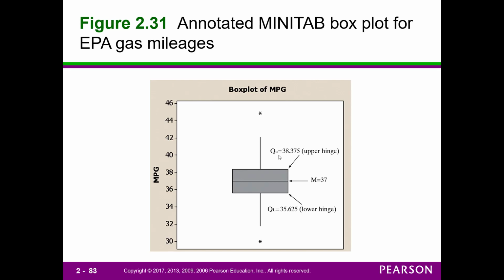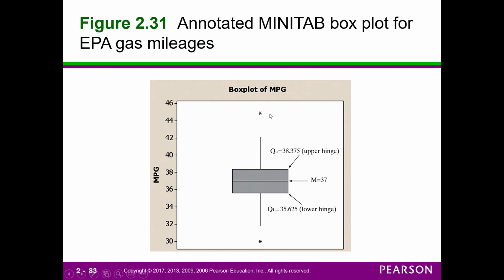Two of the 100 gas mileage measurements, 30 and 44.9, fall beyond the inner fence, one on each end of the distribution. Each of these potential outliers is represented by a common symbol, an asterisk, like we see this asterisk and this one.